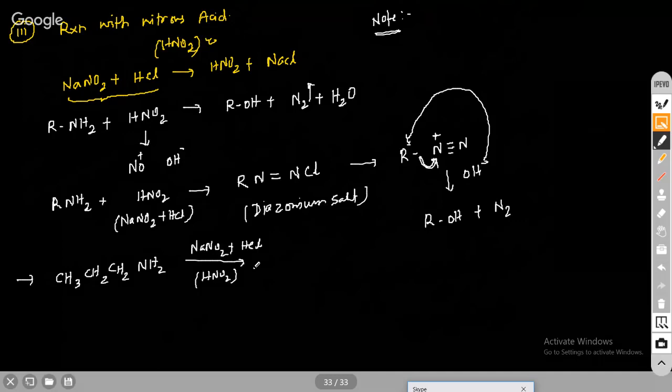Propan-2-ol. Because here this is the R group, right? R is this only, and we are getting ROH.